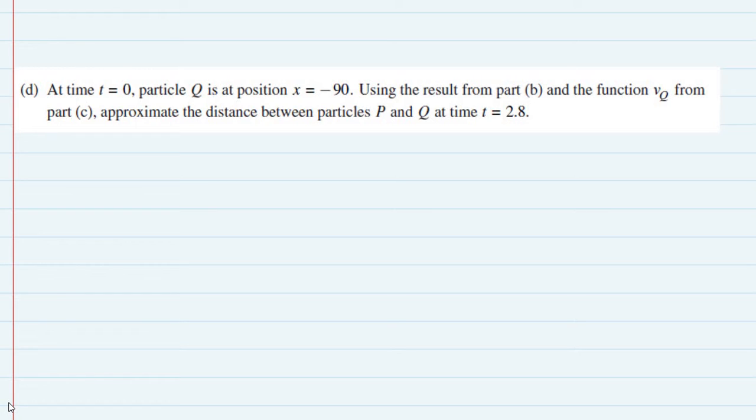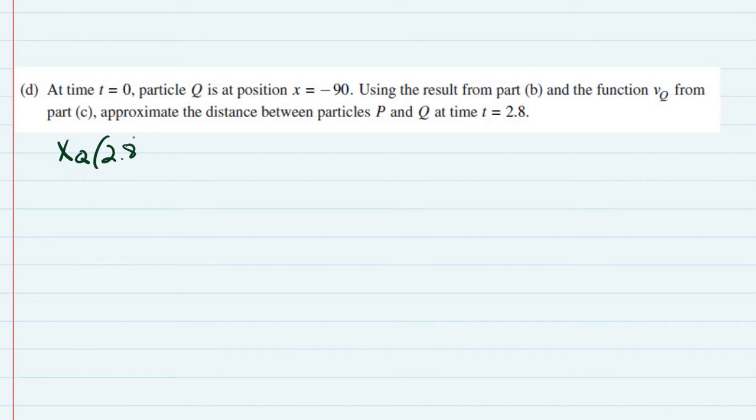So it's quite obvious I need to get the position of the particles both at 2.8 and then subtract their positions. So let's start with the position of particle Q. So I'm going to say x sub q of 2.8.